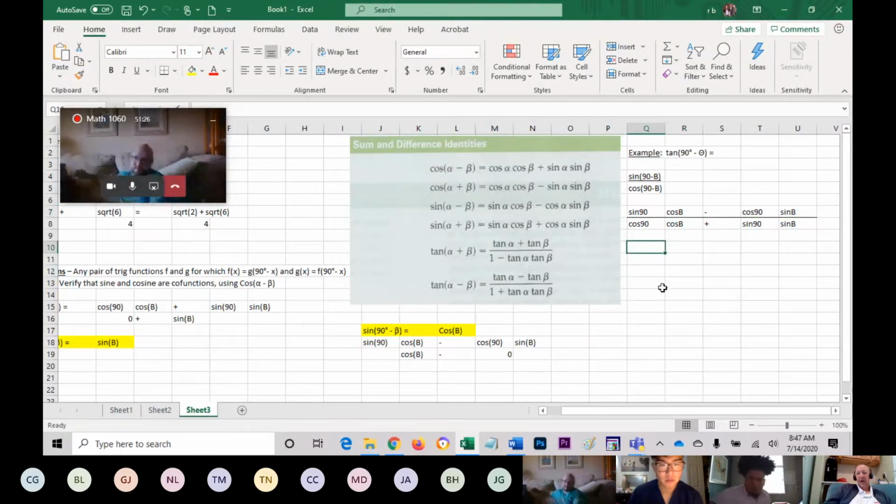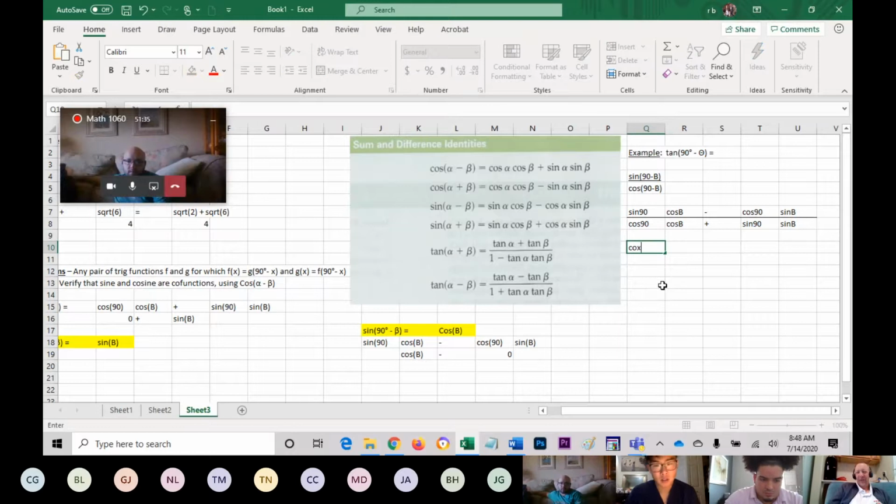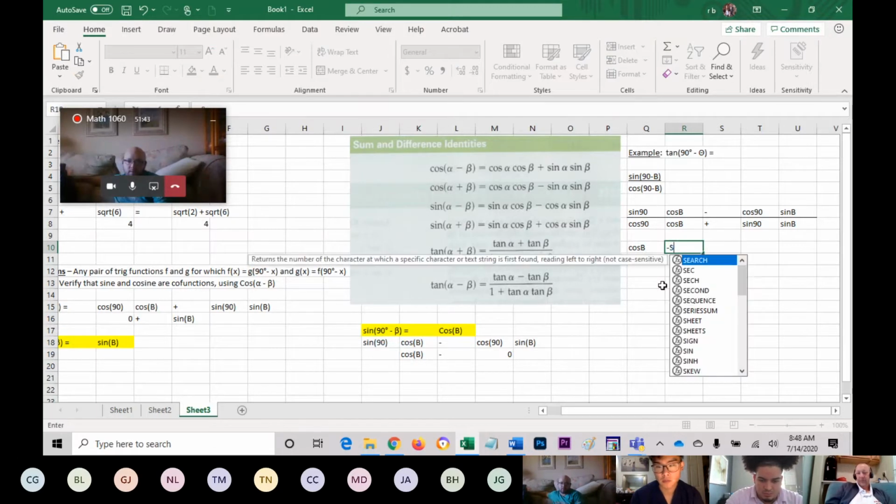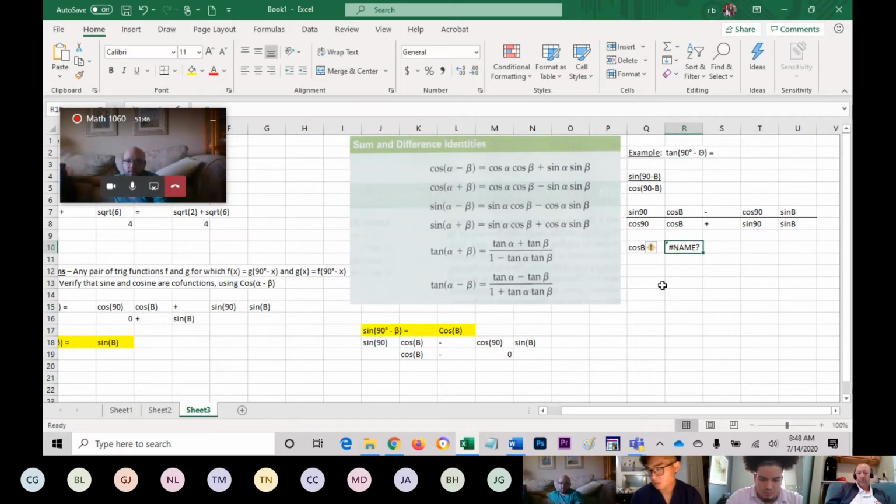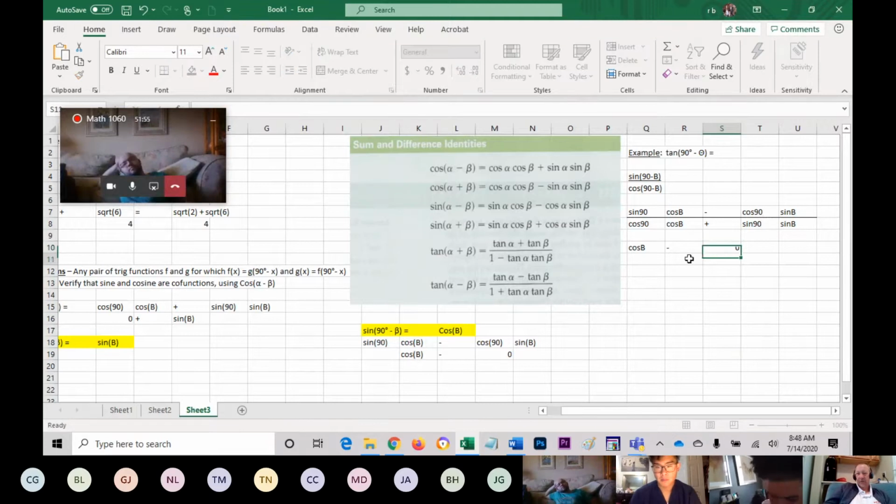Okay. All right. So now Cassie's been wanting to tell us that the sine of 90 is 1, right? Yeah. So we've got cosine of beta on the top, right? Minus what? Would be nothing. Sine of beta. Cosine of 90 is 0, right? Yeah. Okay, so minus 0 essentially.